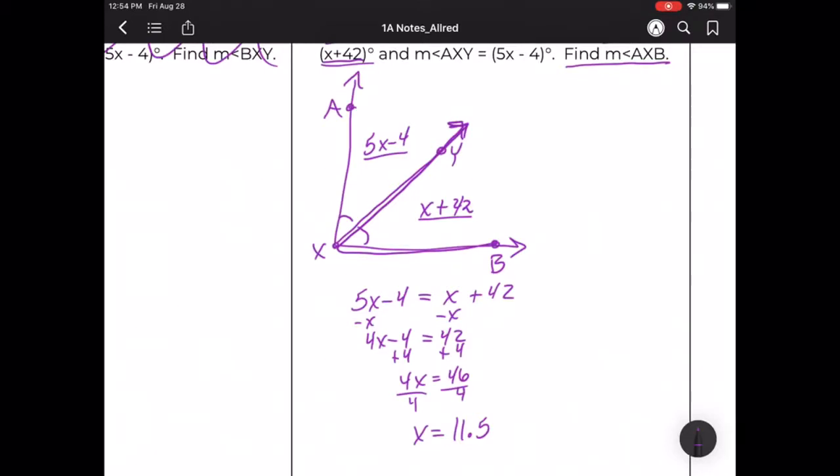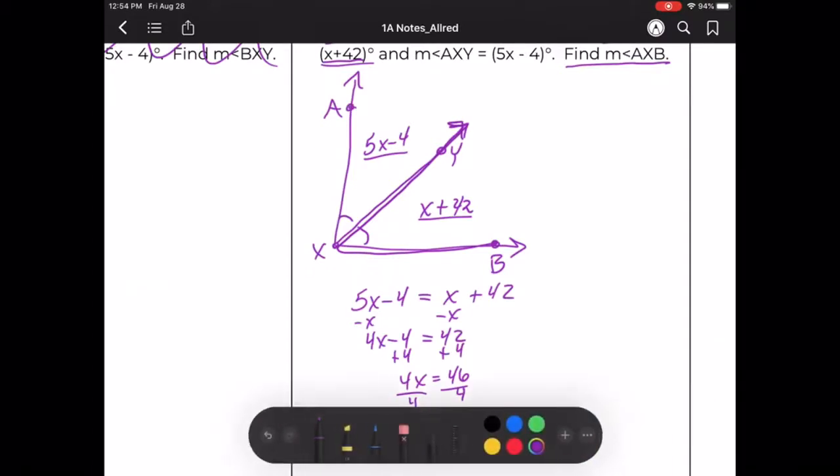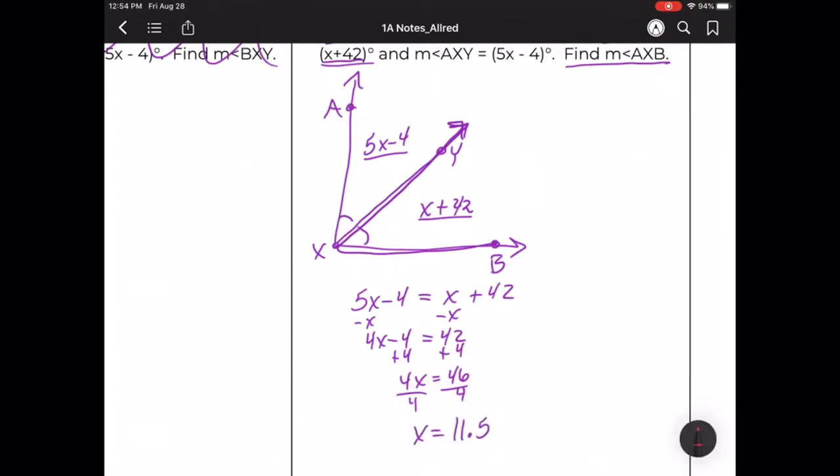We can still use that value to find an angle measure. We are told to find the measure of angle AXB. AXB is the entire angle measure. Okay, so what it means is I'm going to take this 11.5 and plug it in for x, really just in one of these parts. I'll choose this one because it's a little easier. All I have to do is add 42 to that, and I get 53.5 degrees.